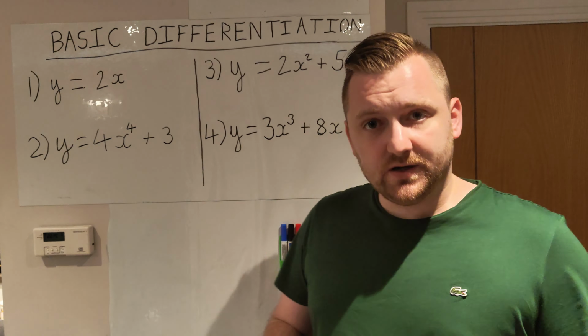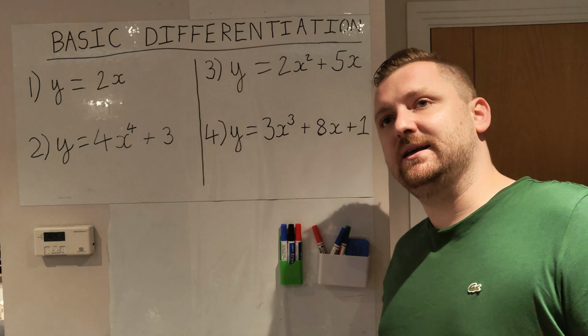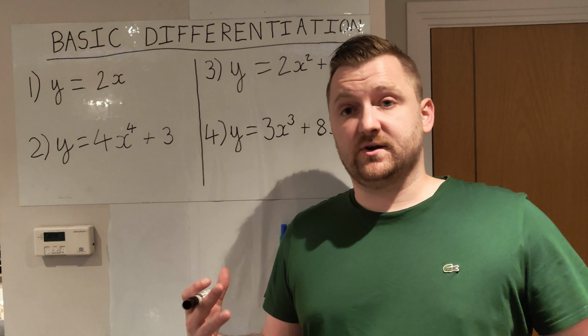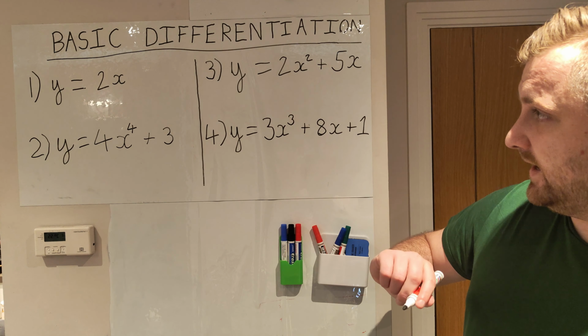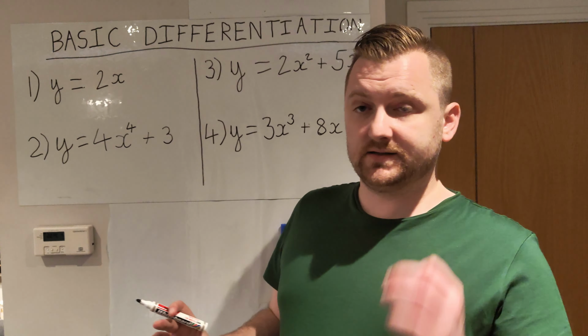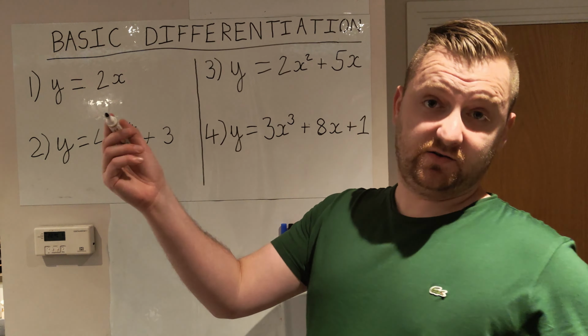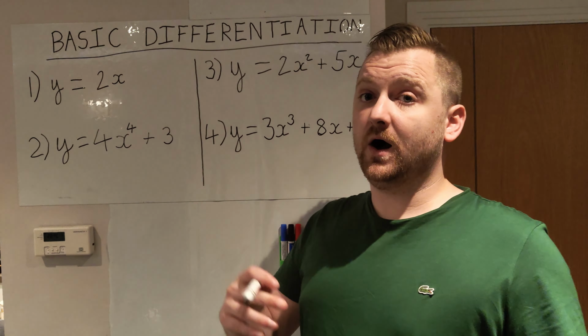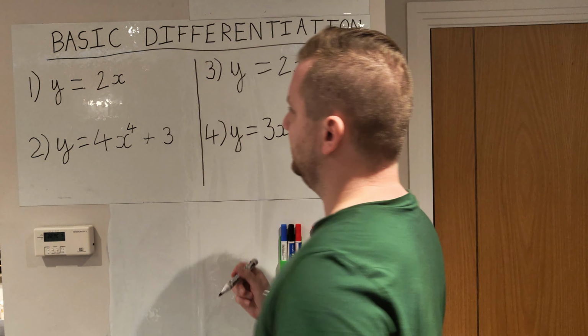I'll show you how to do question 1, and then hopefully from the previous part of this video, you'll know how to do the others. So we've got y is equal to 2x. So you just write it as dy over dx, because you're differentiating y with respect to x.